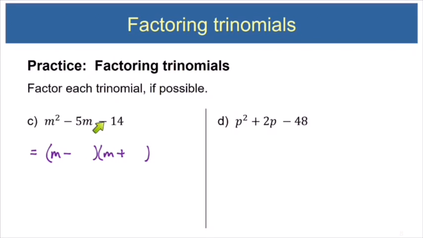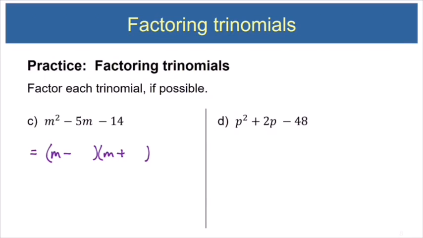All that matters at this point is that we know last times last is going to be able to make a negative number. Okay, now what are some numbers you can multiply together to get 14? Well, your choices would either be 1 times 14 or 2 times 7. And of course, in order to get outer plus inner to add up to negative 5m, we're going to need to use the 7 and the 2.